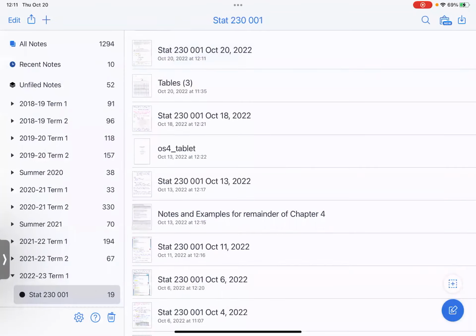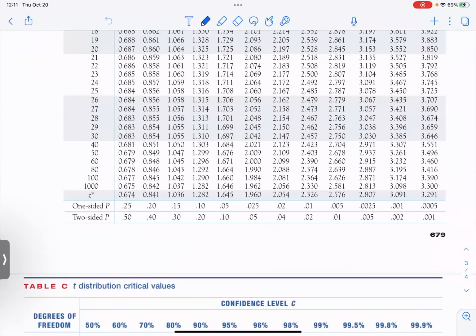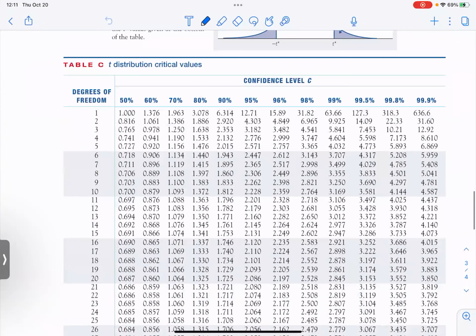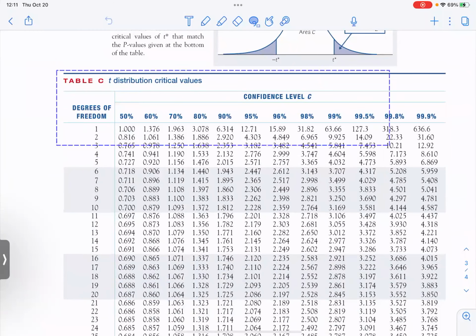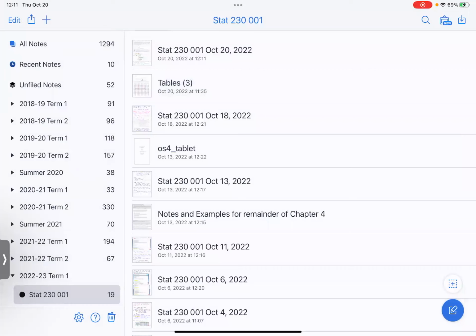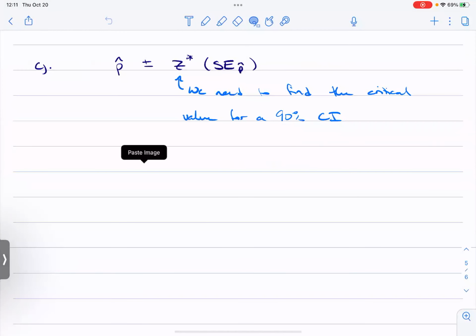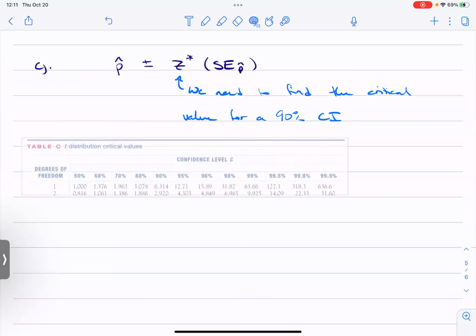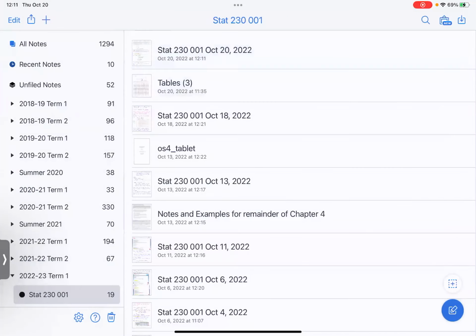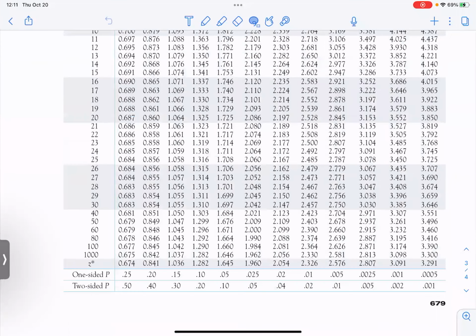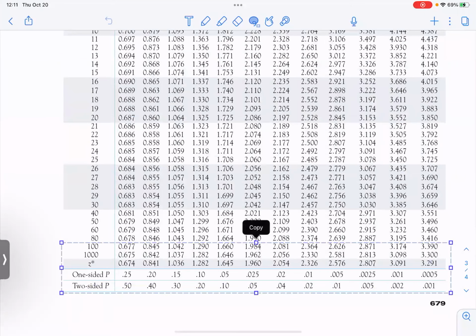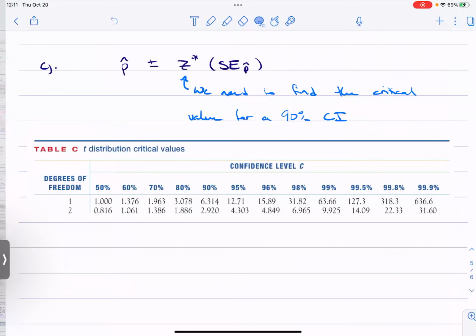How are we gonna do that? Well, I should have, and I feel like I have in the past, where I have just this chunk of table ready to go. But I don't remember where I put it.